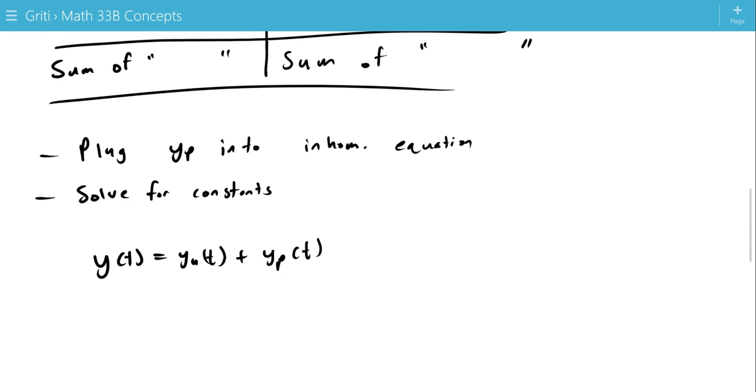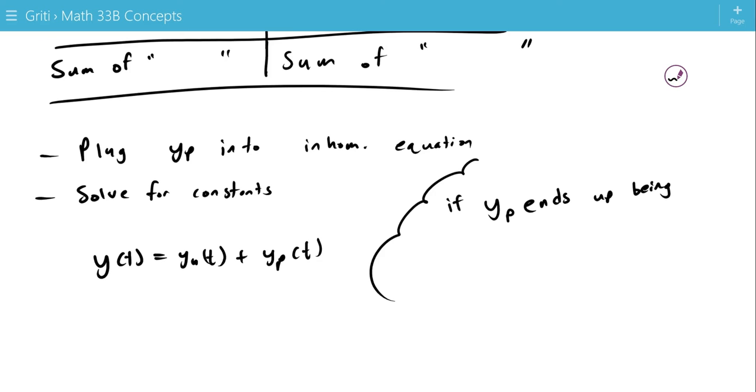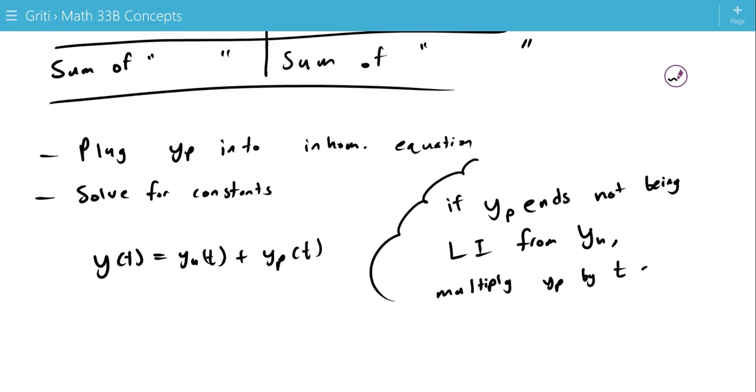One more note: if your yp ends up being linearly dependent on yh, not linearly independent, after using the trial solution, multiply yp by t and plug it back into your inhomogeneous equation to find the constants.